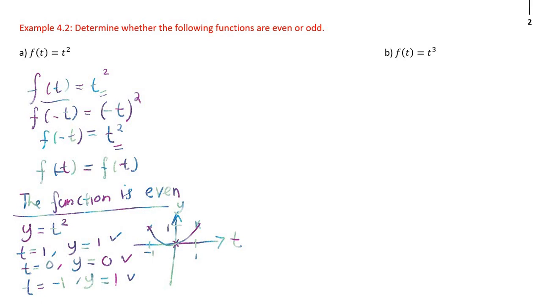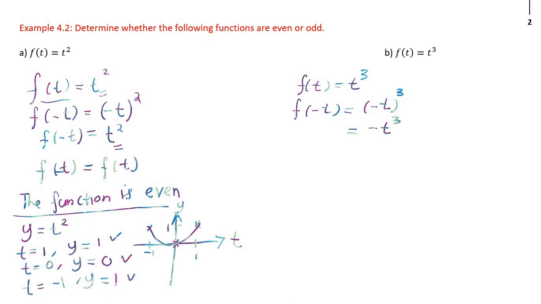And the next example: you are given f(t) equals t to the power of 3. If I put negative t, then you will have negative t to the power of 3, which is negative t cubed.